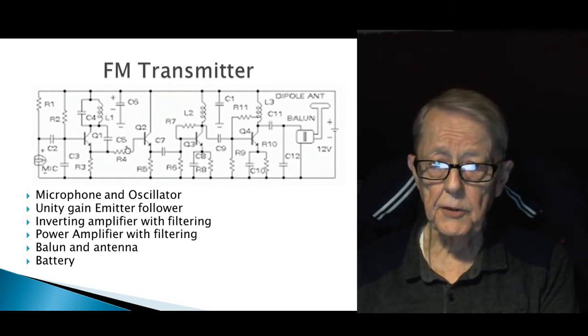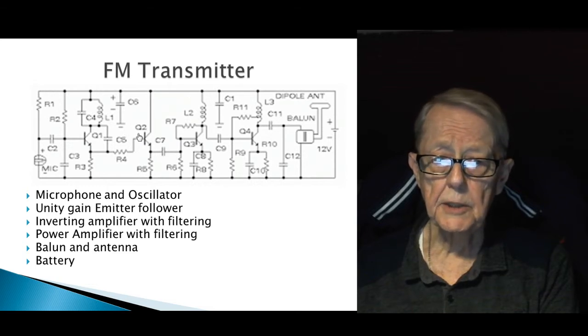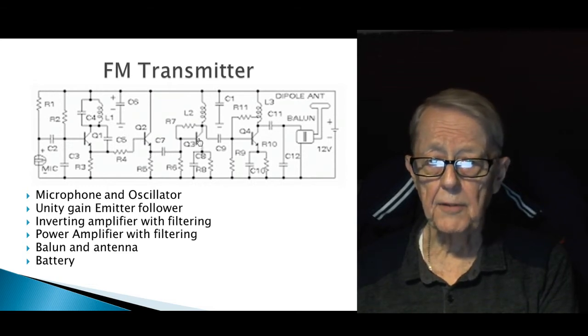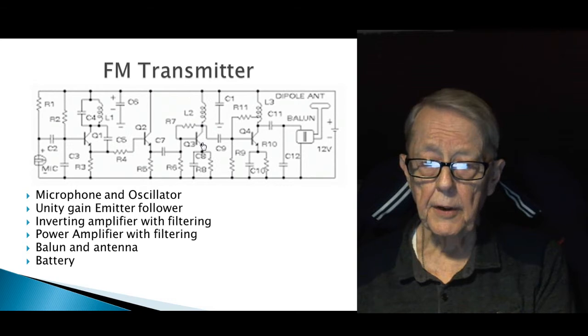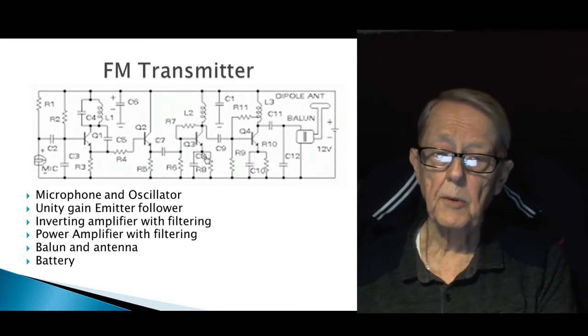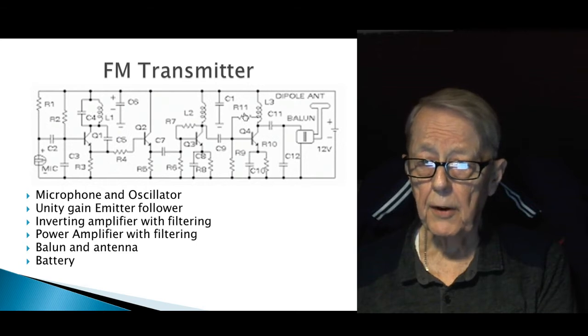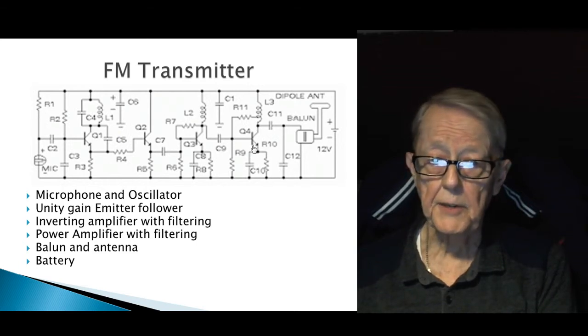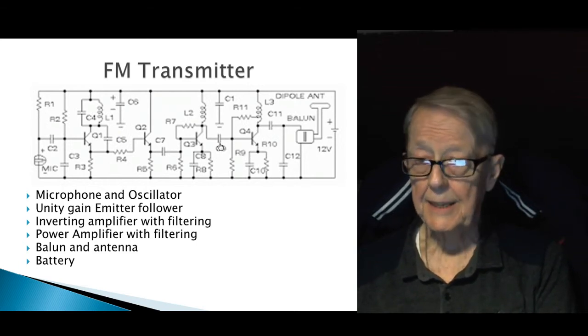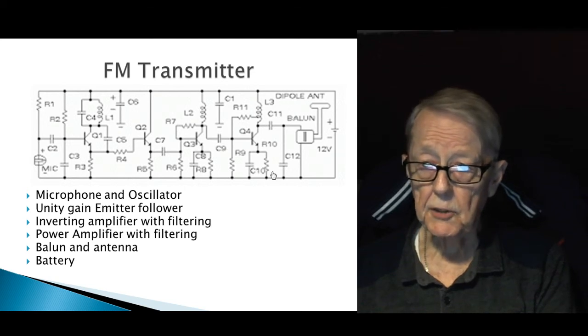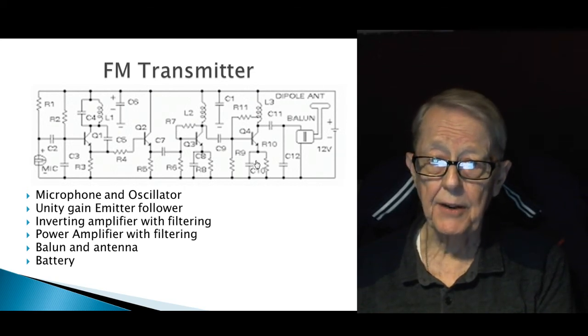And then it's fed into an emitter follower, which is a unity gain amplifier, and then another inverting amplifier with filtering, finally to the power amplifier Q4, which feeds the antenna. That's basically the circuit, and I'm going to concentrate on this tail end here.